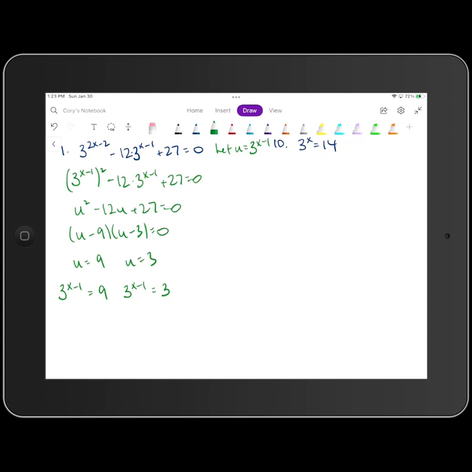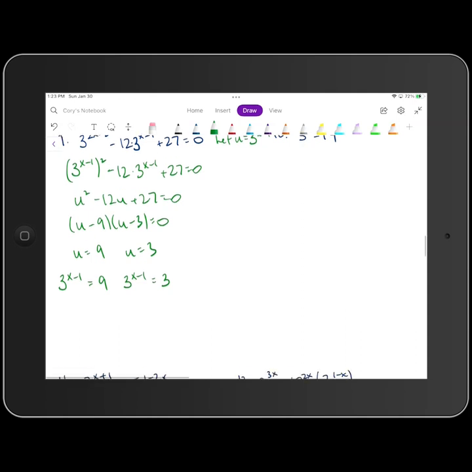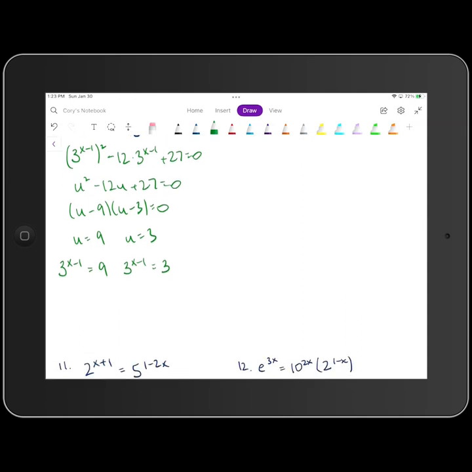Okay, so we can solve both of these equations using our rule for solving exponential equations. So we get 3 to the x minus 1 power is equal to 3 squared for the first one, which means x minus 1 is equal to 2, which means x is equal to 3.